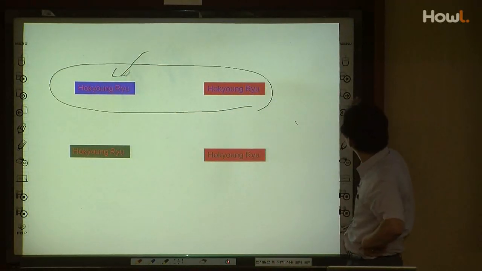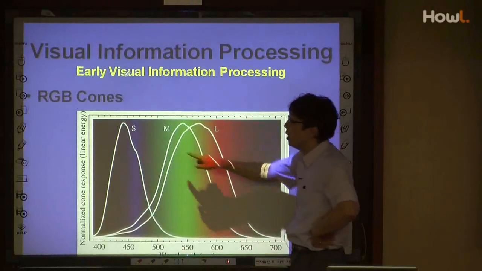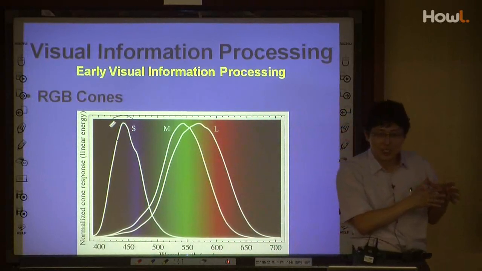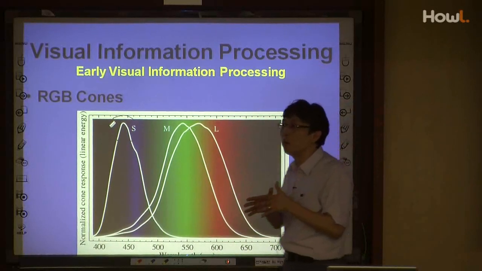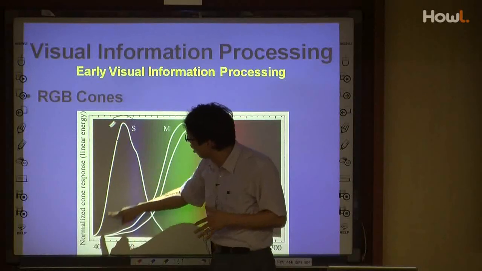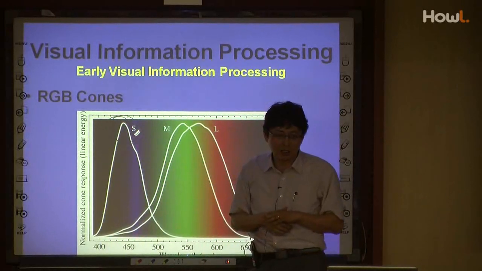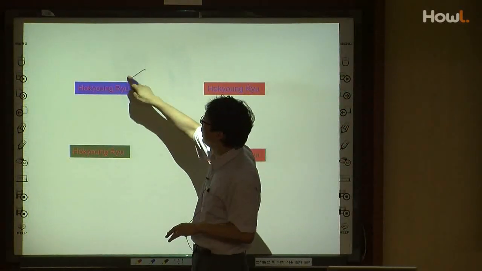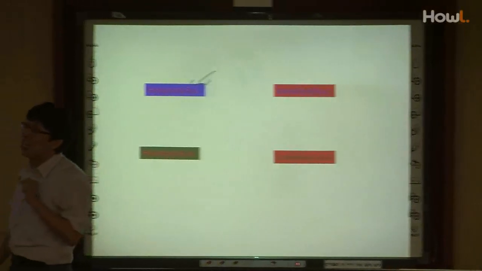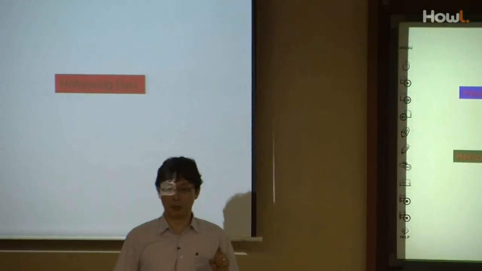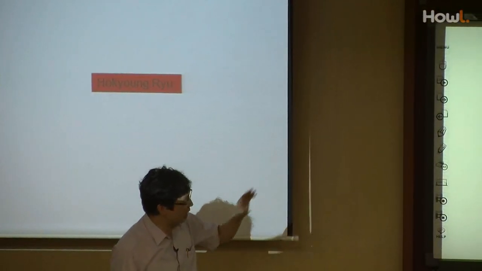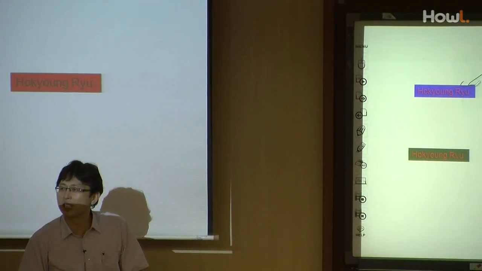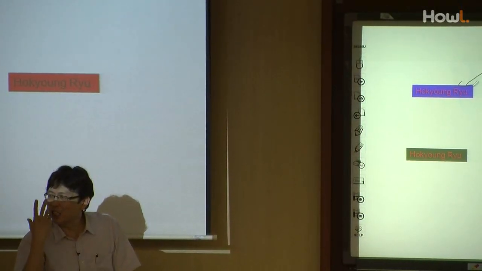The reason is we can interpret that the blue cone is much isolated, right? That means only a quite small number of cones can cover this bluish color. That's why if you have too many blue colors in your information design, it might be a problem, in particular for elderly people. As well, if you have a color like blue together with something red, you can get much fatigue. The eye gets much more tired.